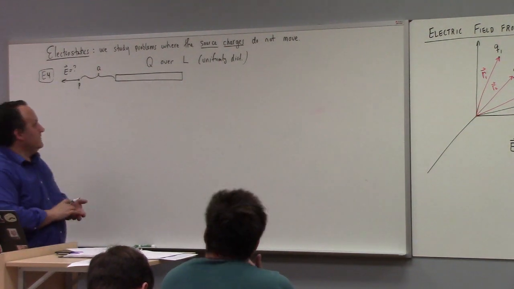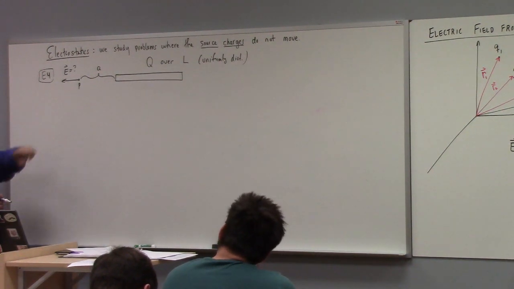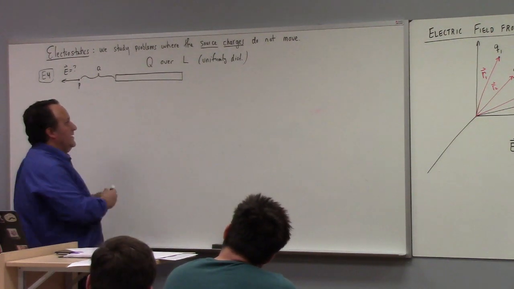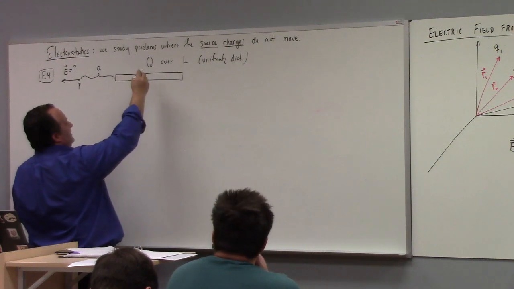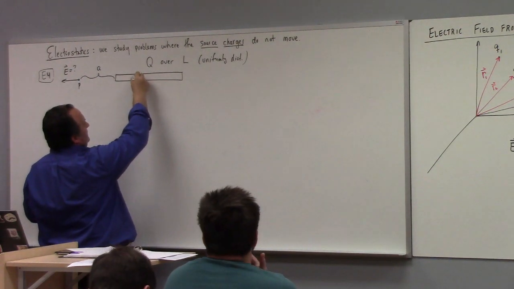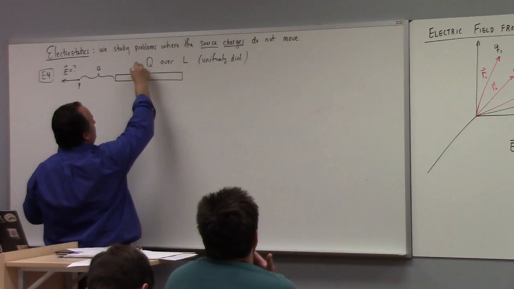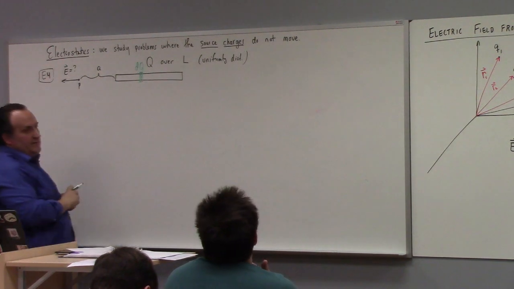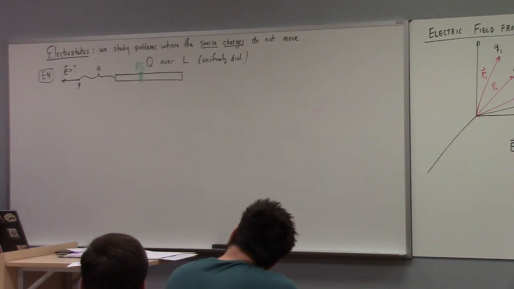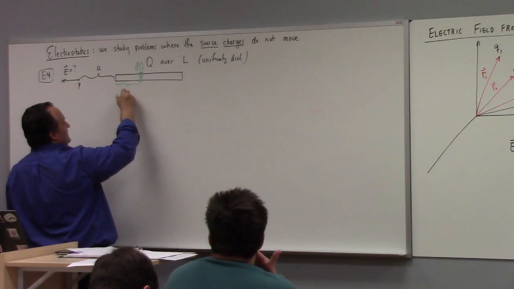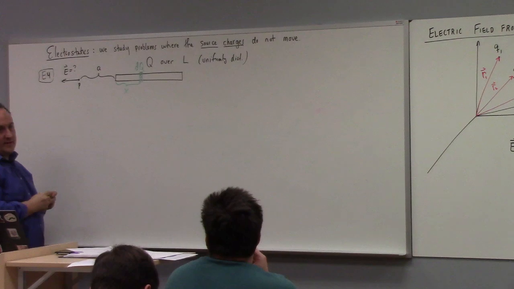So to calculate the electric field at this point P due to that distribution of charge, we think about a little bit of charge right here, a dq. And we ask, what's the electric field due to that little infinitesimal bit of charge? We're going to say that that is at x from the endpoint, right?